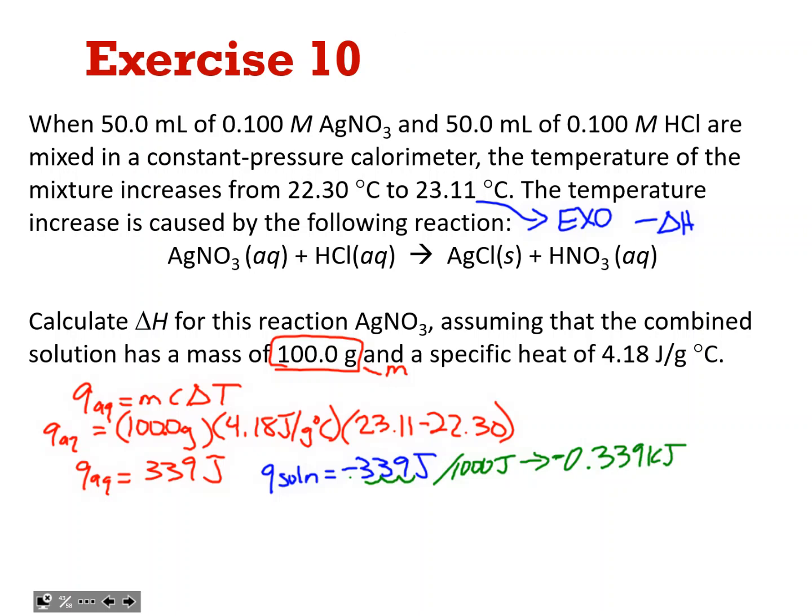So we've already got this ready to go to get us to delta H. So we found Q solution. Now to go to delta H, what other little piece do we need? We need moles. It doesn't matter which one we use, because guess what? They're the same.